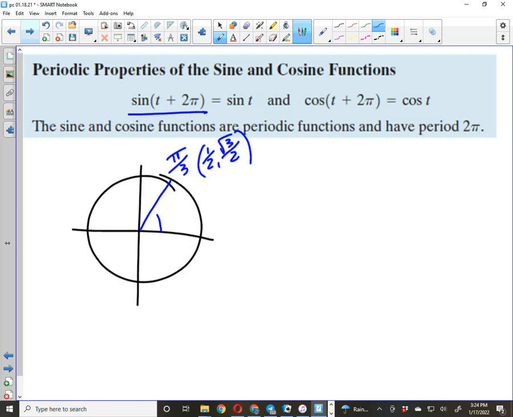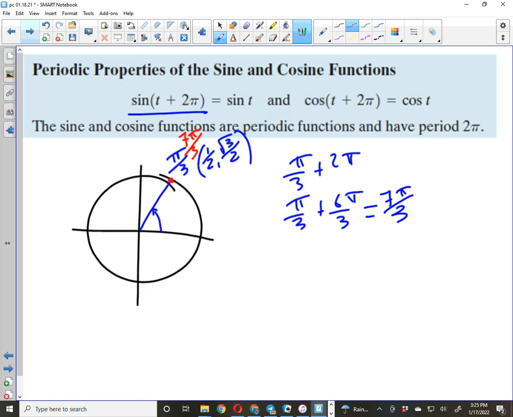And we know then that if I add pi over 3 plus 2 pi, I'm going to get pi over 3 plus 6 pi over 3, correct? Which is equal to 7 pi over 3. That's the same location here. That's just another turn around the unit circle.